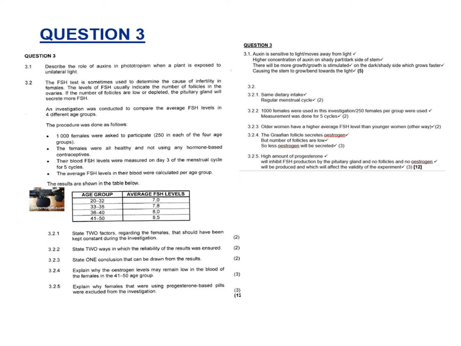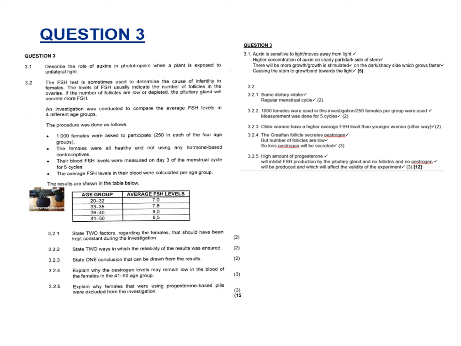Right. Now, 3.2.2. State 2 ways in which the reliability of the results was ensured. Now, reliability was ensured. Ensured means it's already done in this investigation. You have to select it. Now, with reliability, it's usually increasing the sample size. Here you can see 1,000 females were used, 250 in each of the 4 age groups.